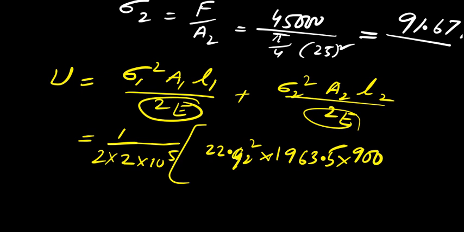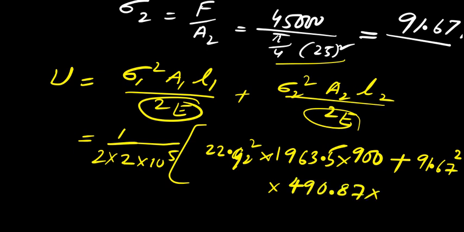Similarly for element 2, sigma 2 is 91.67 square, into A2, pi by 4 into d square, which is 490.87, and L2 is 600. If you calculate the areas separately beforehand, it will be easier.